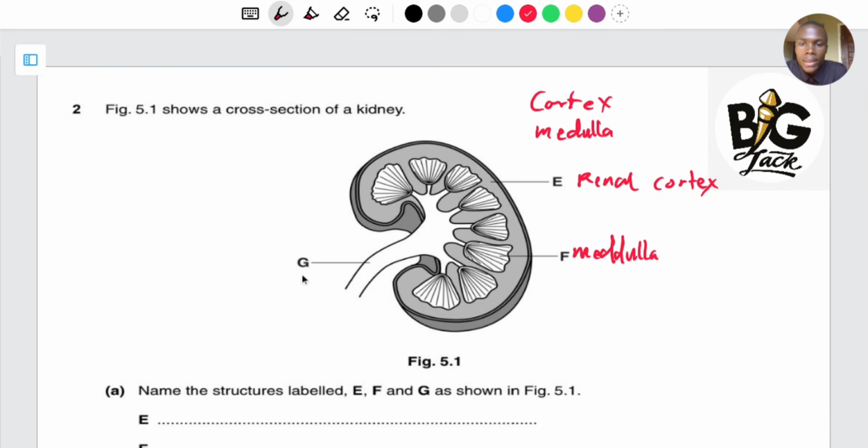Then we have part G. This part G is the ureter, but since it is near the kidney, you can just say this one is going to be the renal pelvis. There is a difference between the ureter and the renal pelvis. If we cut from here, this one is going to be the renal pelvis, and this one is going to be the ureter going forward. So this one can be the renal pelvis.